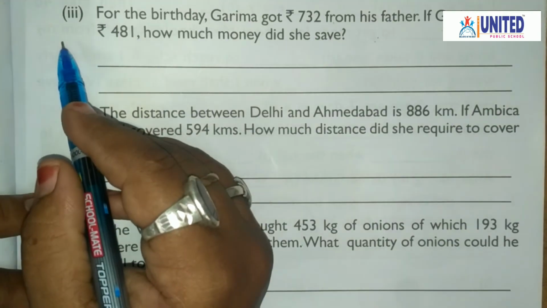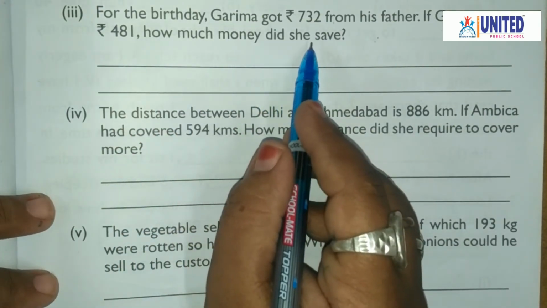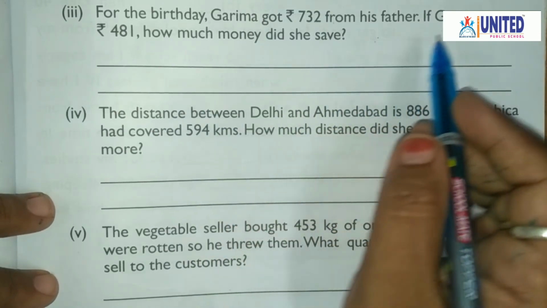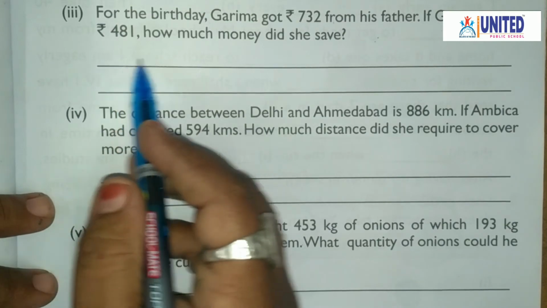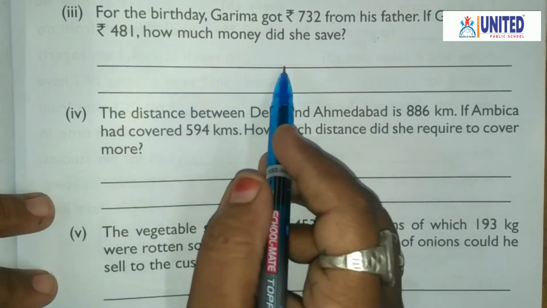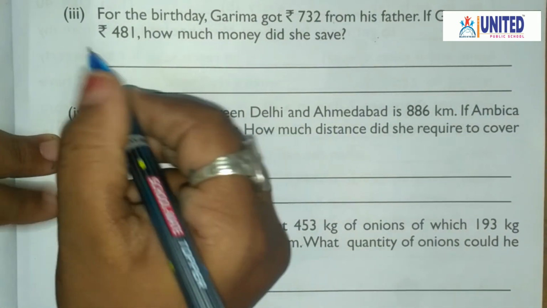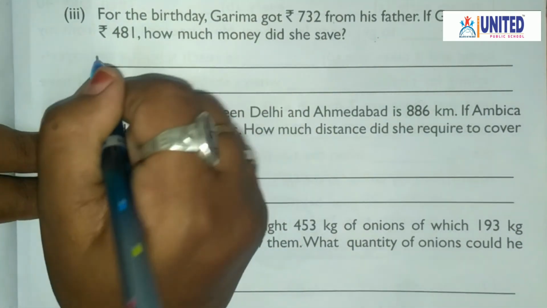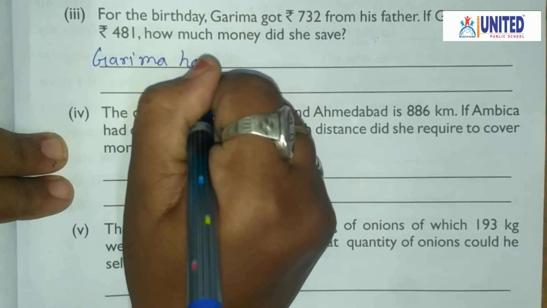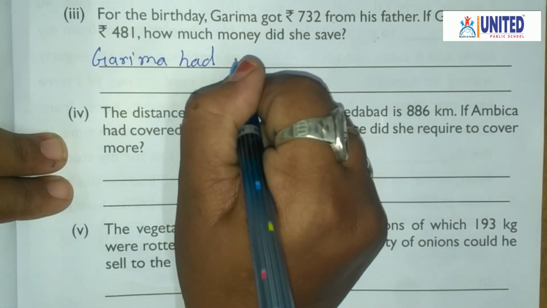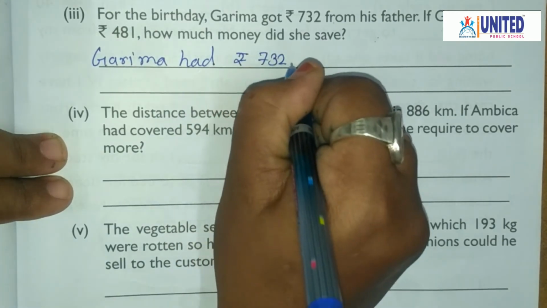Okay. Number 3. For the birthday, Garima got rupees 732 from her father. If Garima spent rupees 481, how much money did she save? Okay, so write down the answer. First of all, write how many rupees Garima had. Garima had rupees 732.